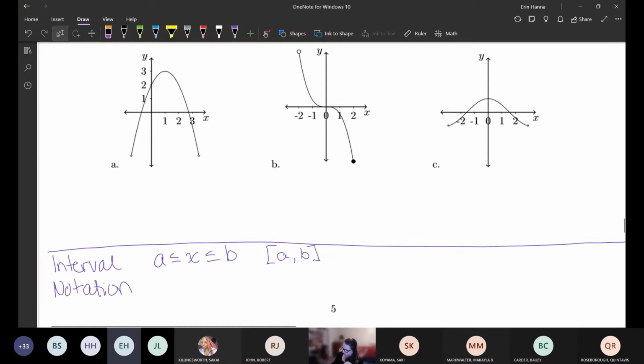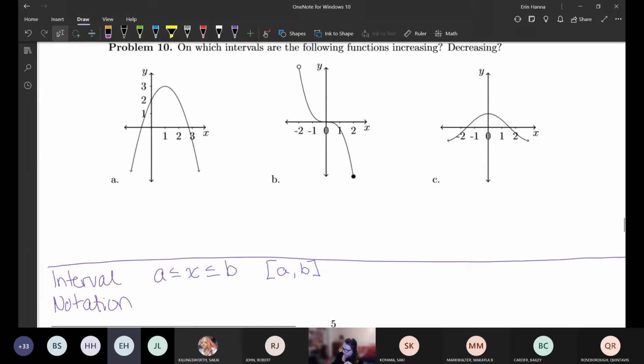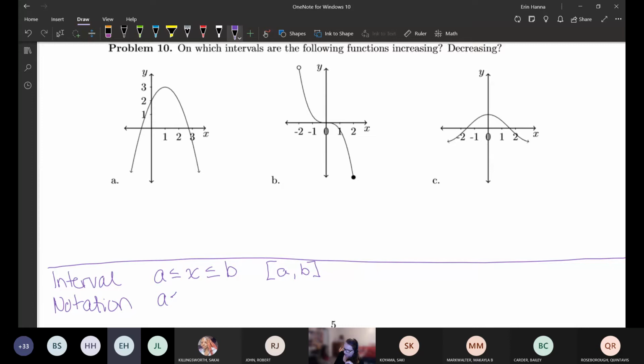If you wanted to do essentially the same interval but not allow those endpoints to be the value that you can choose, your interval becomes what's called an open interval and is written in parentheses. Now, I know that that looks a lot like a coordinate point.